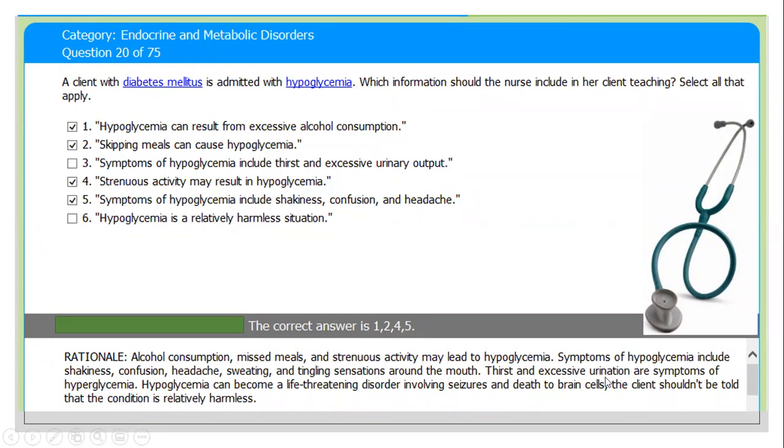Thirst and excessive urination are the symptoms of hyperglycemia. Hypoglycemia can become a life-threatening disorder involving seizure or death of brain cells. The client should not be told that the condition is relatively harmless.